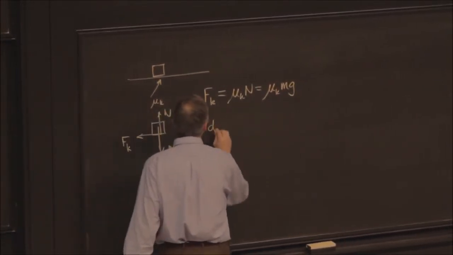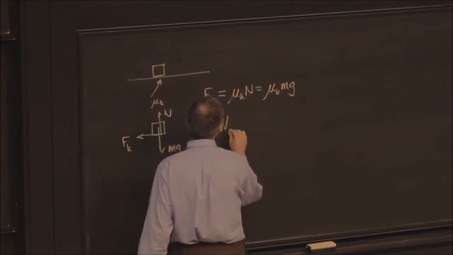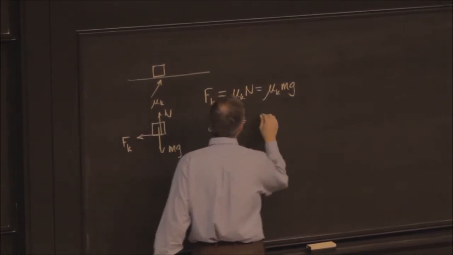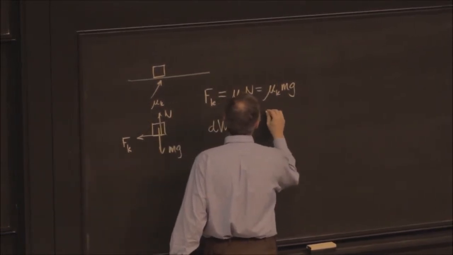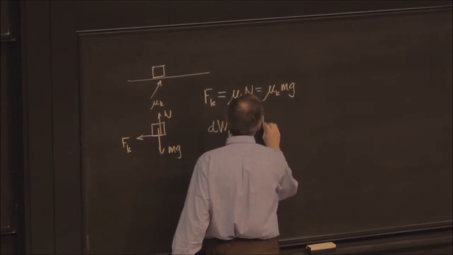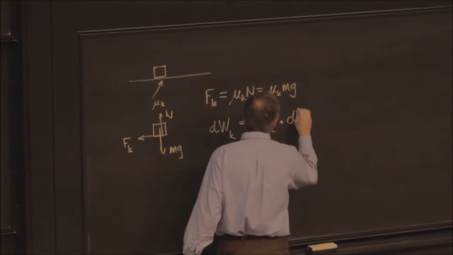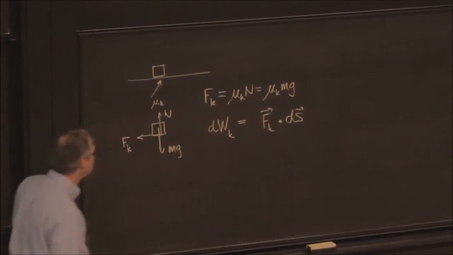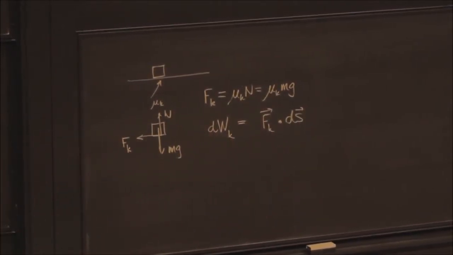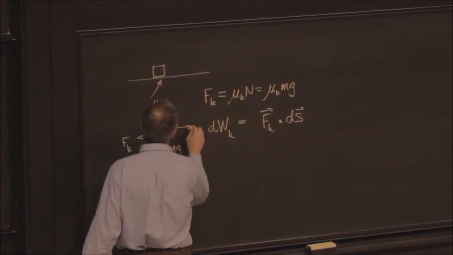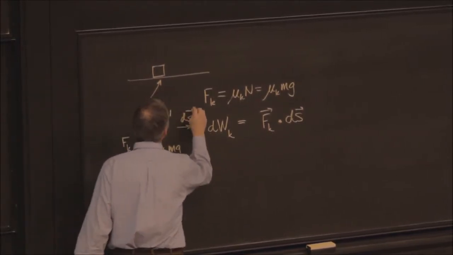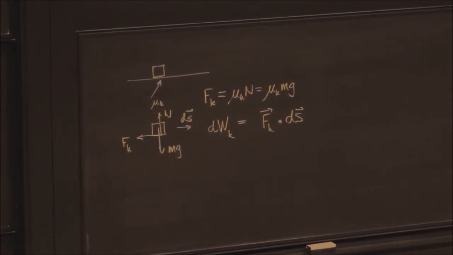So the work done by friction is the dot product of F sub k vector and the displacement. I keep going back and forth between S and R. Now the displacement is this way, and the frictional force is that way, and so therefore this will be negative.